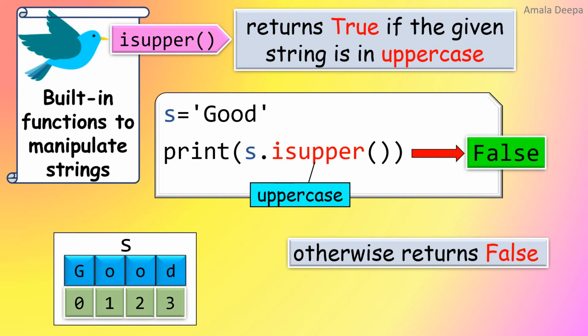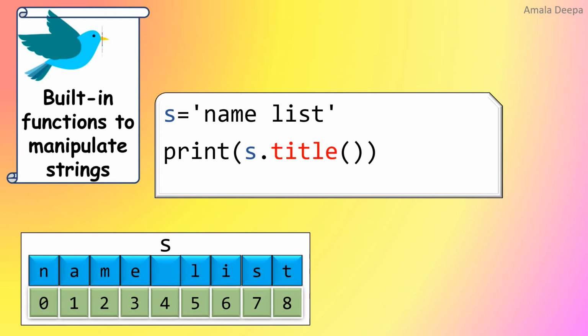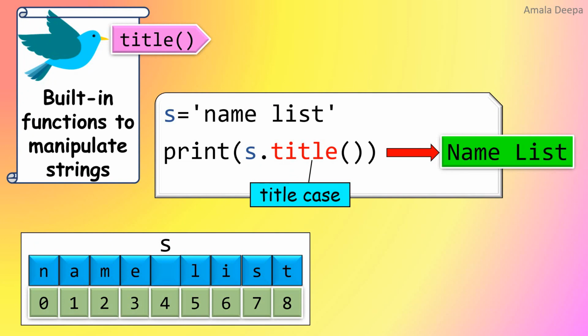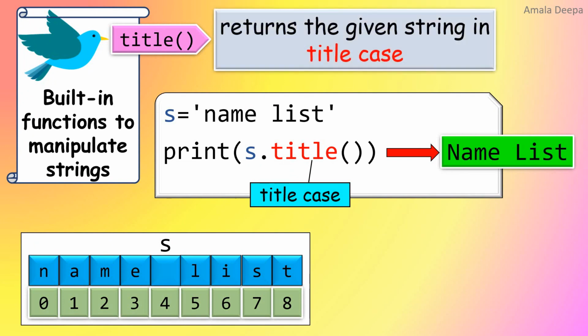The next function is the title function. S is equal to name list. Print S dot title. Look at the output. So the title function returns the given string in title case. What is the meaning of title case? The first character of each word in the string is given in uppercase.